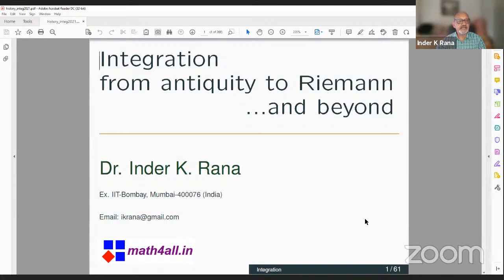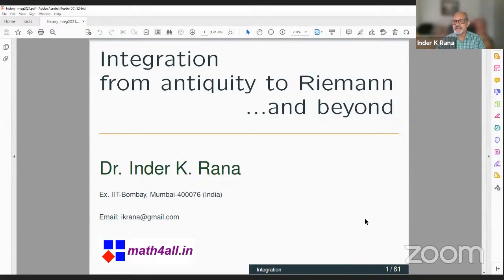Basically, I have titled it Integration from Antiquity to Riemann, and time permitting we will go beyond also. Integration is normally taught after differentiation in our curricula. For science students, calculus enters the picture in 10th or 11th standard.